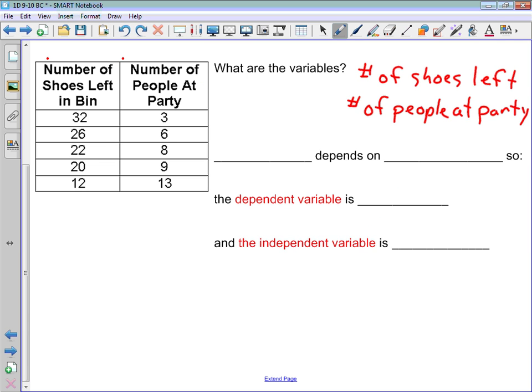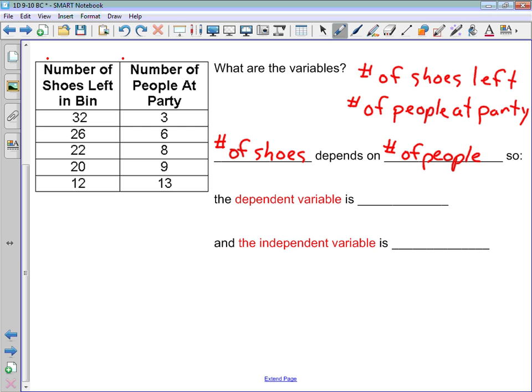And the way we do that is we try filling in the blanks in this sentence. Blank depends on blank. So does it make sense to say that the number of shoes left depends on the number of people at the party? Or does it make more sense to say that the number of people at the party depends on the number of shoes left? Try this back and forth a little bit, and I think it makes sense to say that the number of shoes that are left is going to depend on the number of people who are there.